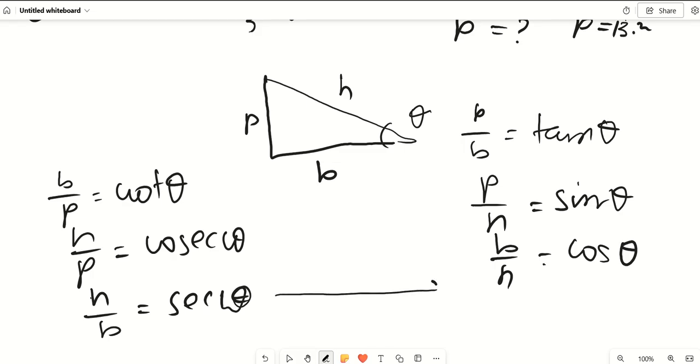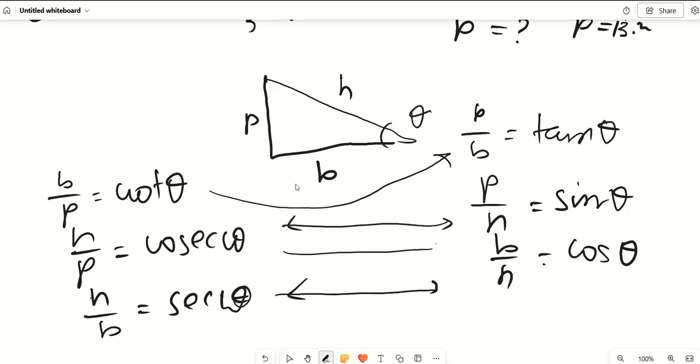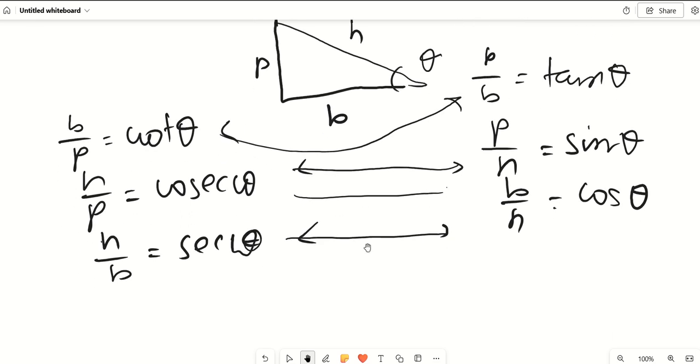So this is the reverse of this, this is the reverse of that, and this is the reverse of this. So this will not be tough for you. It's easy now.